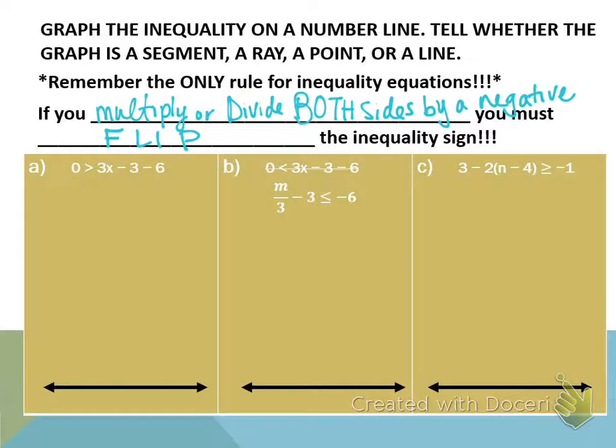So if you multiply or divide both sides by a negative, you will flip the sign. So a less than would turn into a greater than and vice versa.